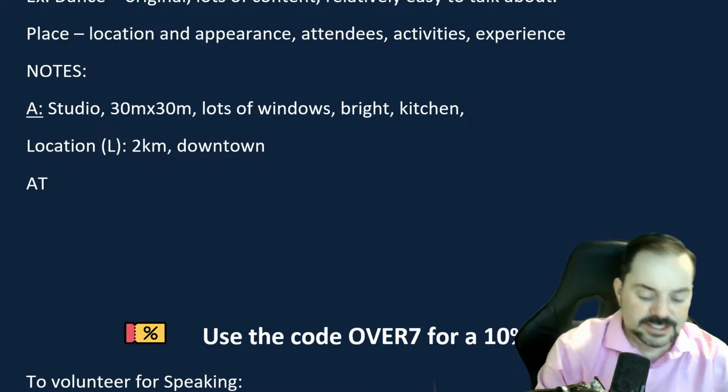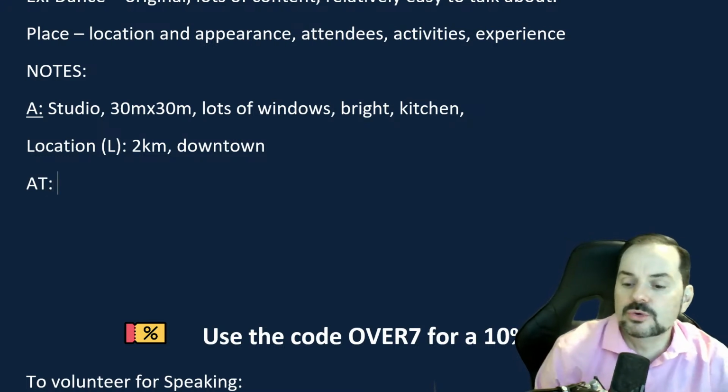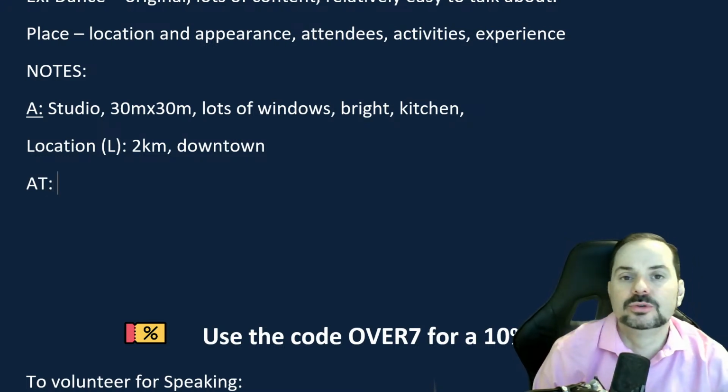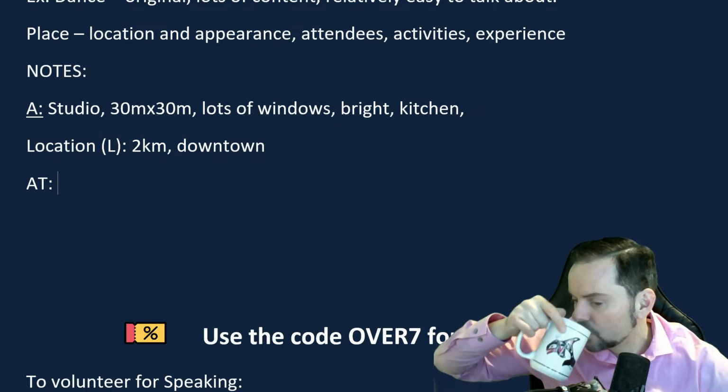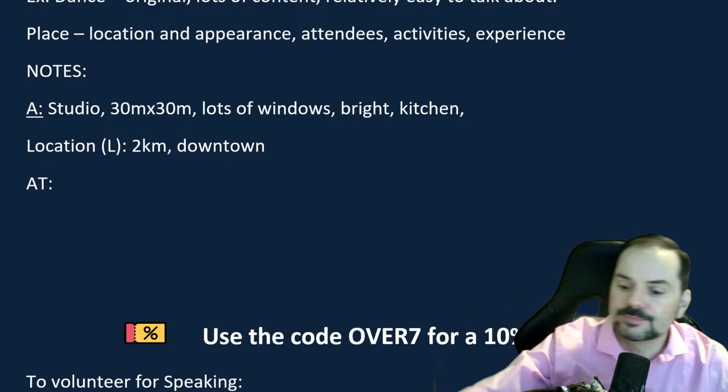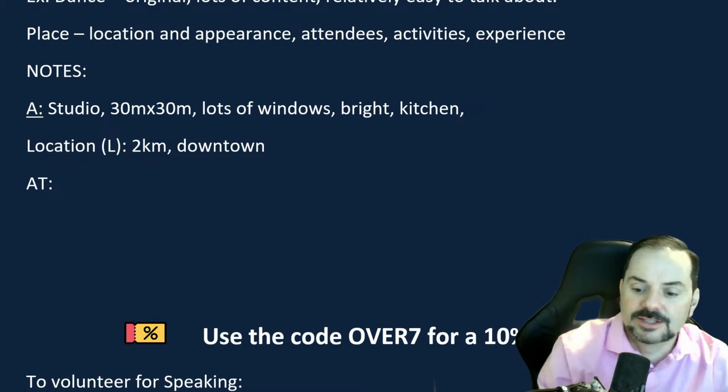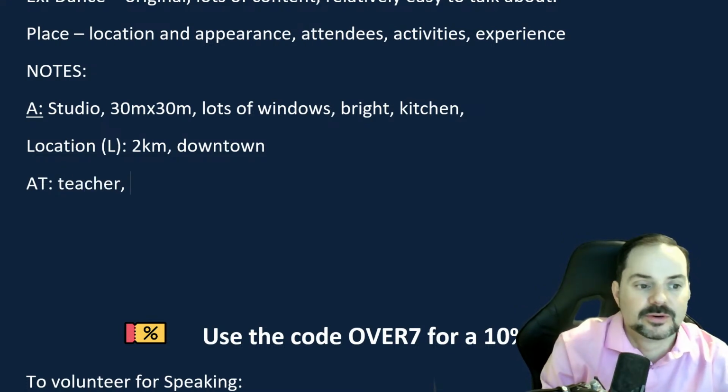Maybe you'll do an AT for that one. Attendees. So who goes to this dance school? Okay, a dance choreographer. Yeah, maybe there's a teacher there or an instructor, choreographer.